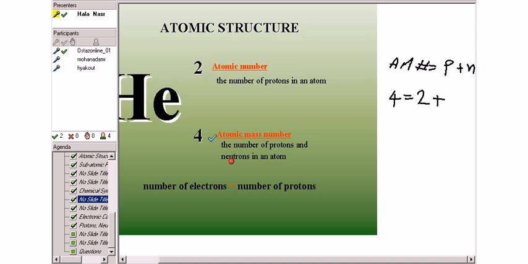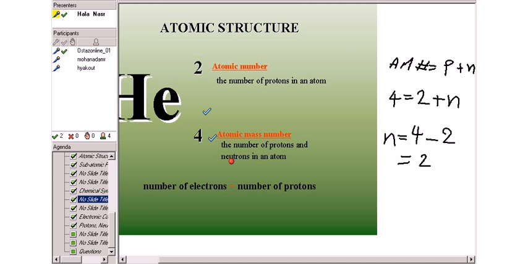Excellent. Now, Mr. Ahmed, can we figure out how many neutrons? How do you get the neutron numbers? Simple math. The neutrons equals the atomic mass number minus the proton number, which is equal to 2. Is it easy? Yes, it's easy. Very good.